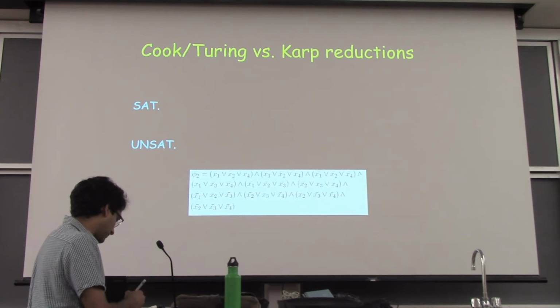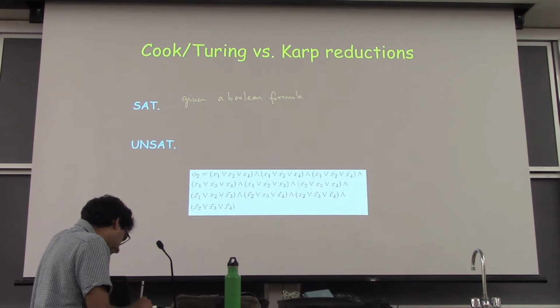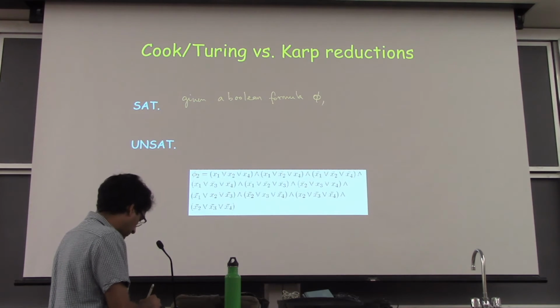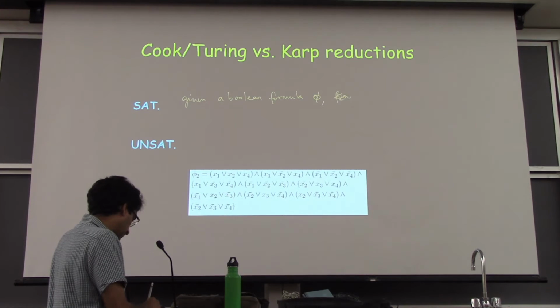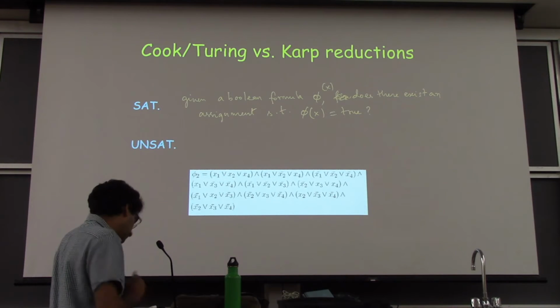SAT is, we've all seen this: given a Boolean formula phi, does there exist an assignment to the variables x such that phi of x is true? So this is a yes-no question.